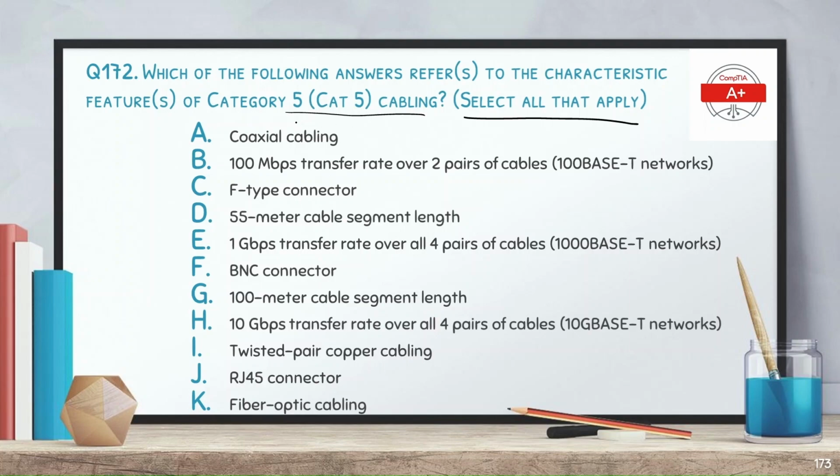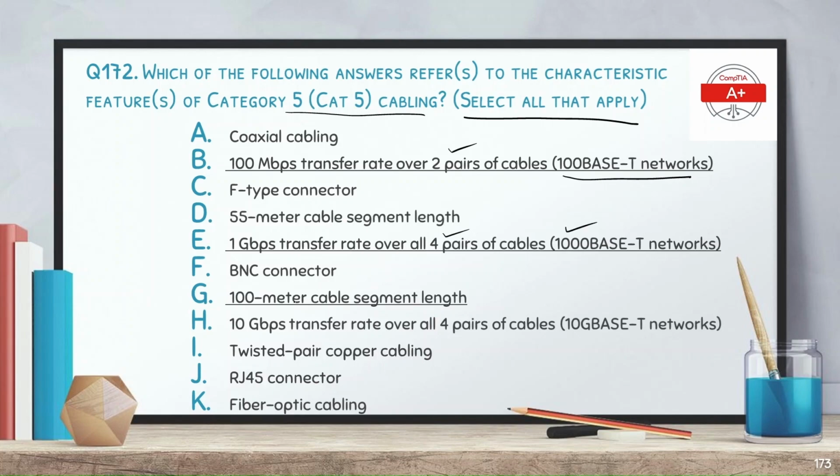The correct options regarding the Cat5 cabling are that it has a data rate of 100 Mbps over two pairs of cables, that is the 100BASE-T network. And it has 1 Gbps or 1000 Mbps transfer rate over all four pairs of cable, and this standard is then known as 1000BASE-T networks.